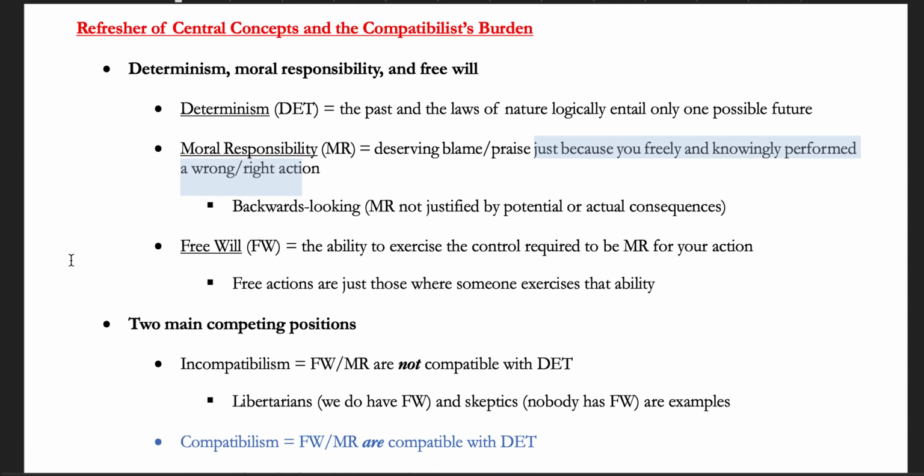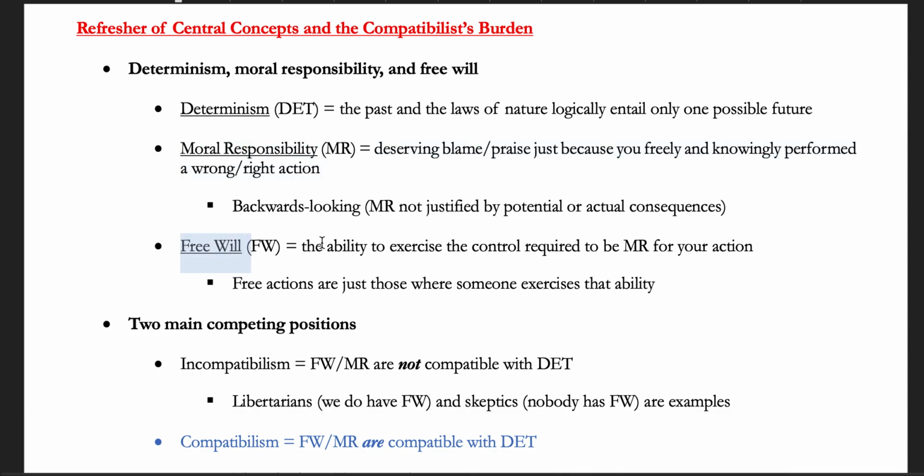And then free will is just the control that's required for responsibility. So how much control do you need to exercise in order to deserve blame or praise for your action? Whatever the amount of control required in order to be morally responsible, we just call that free will.